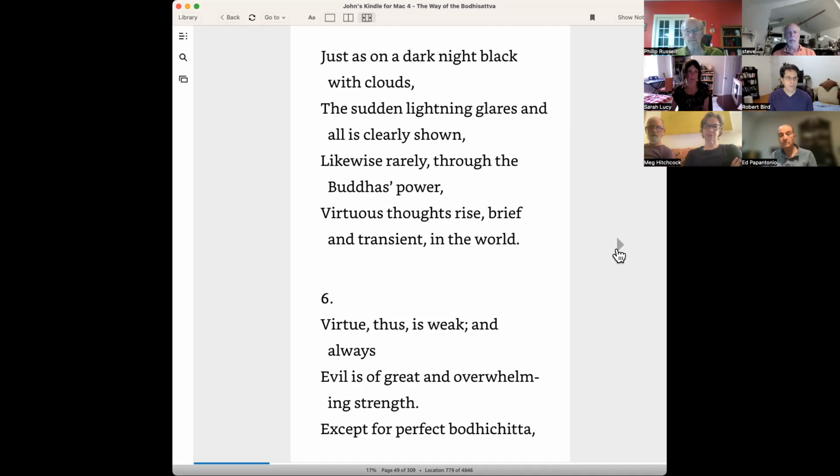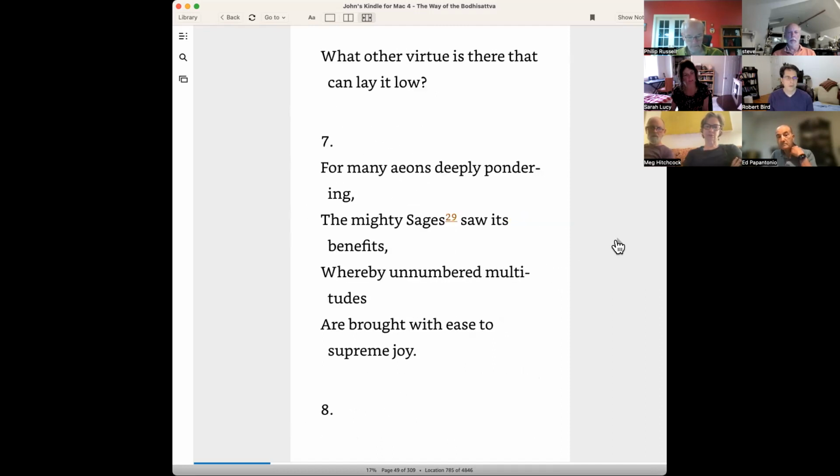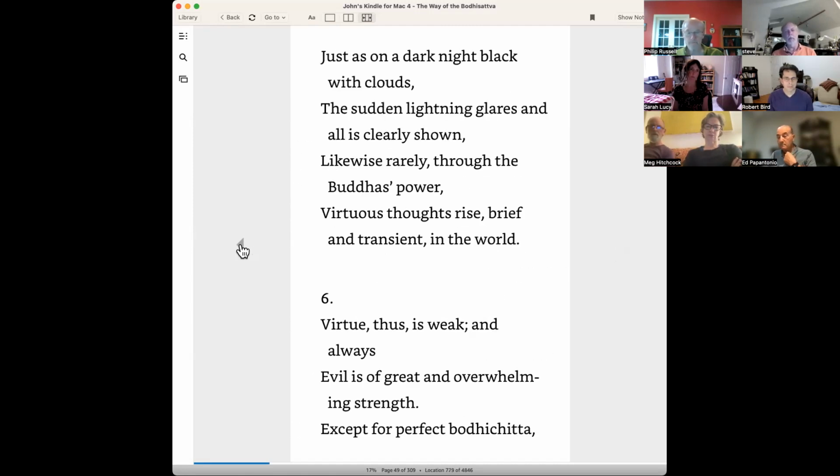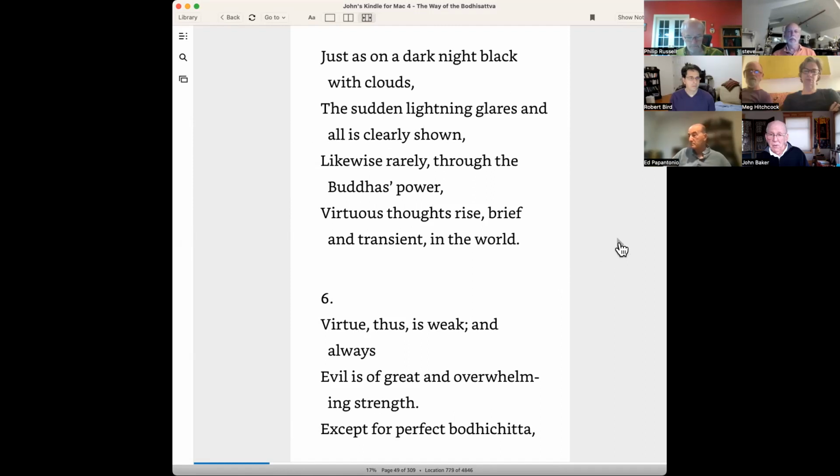Virtue thus is weak, and always evil is of great and overwhelming strength, except for perfect bodhicitta. What other virtue is there that can lay it low? Only bodhicitta fundamentally attacks and lays low evil with its overwhelming strength.